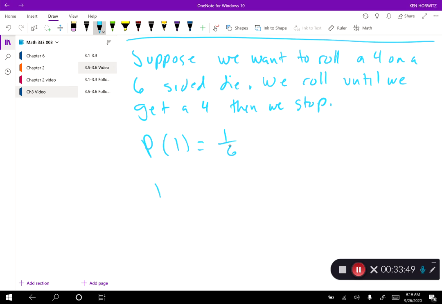The probability of rolling a 4 on the second roll means we fail on the first one, so I have 5/6, and then I hit it on the second one, so 1/6, which equals 5 over 36.